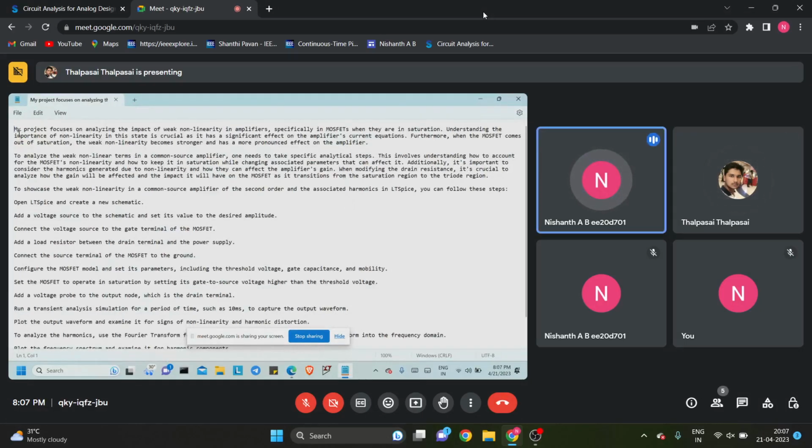Amplifier specifically on the saturation, understanding importance of... in terms of... Okay, I mean, the English is bad.